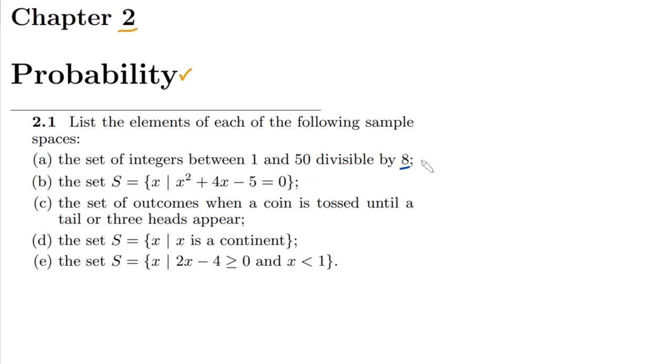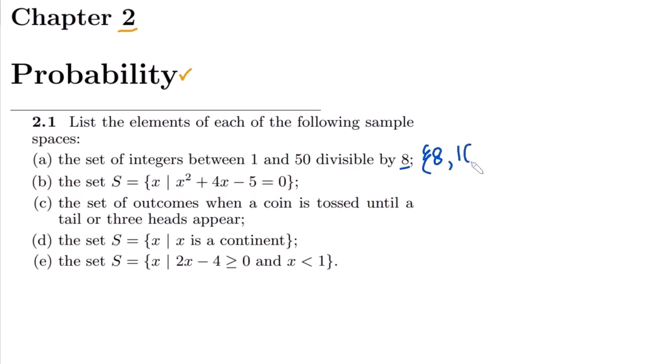So let me start writing them. At the start of a sample space I have to put a curly brace, and at the end I also have to close it with another curly brace. The first number here will be 8, that is between 1 and 50.